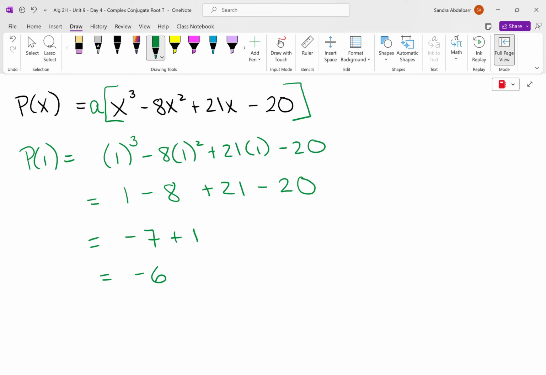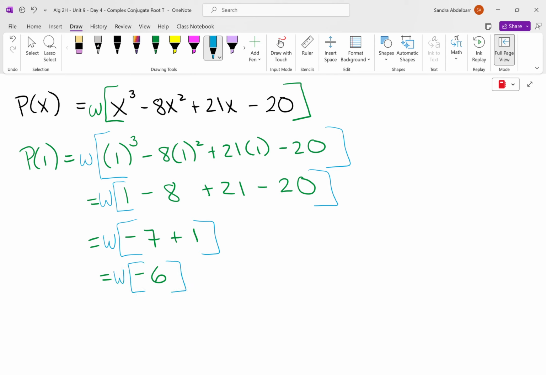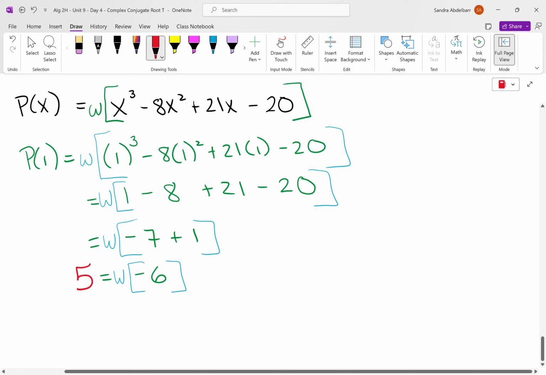What does that mean? That means my polynomial must have a GCF of some number that I'm not going to call A. What letter have I not used yet? W. All right, so now I know there must be some GCF of W. And when I have that GCF of W, we want it to come out to what number? 5.